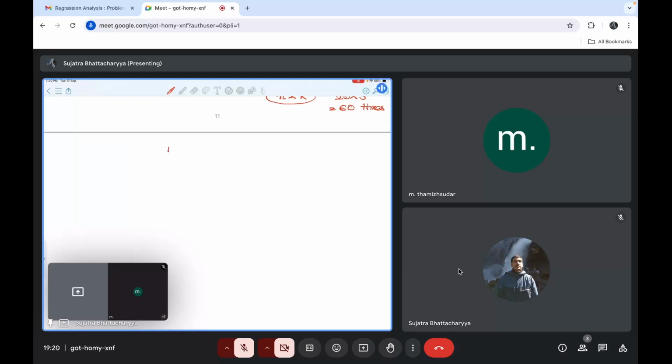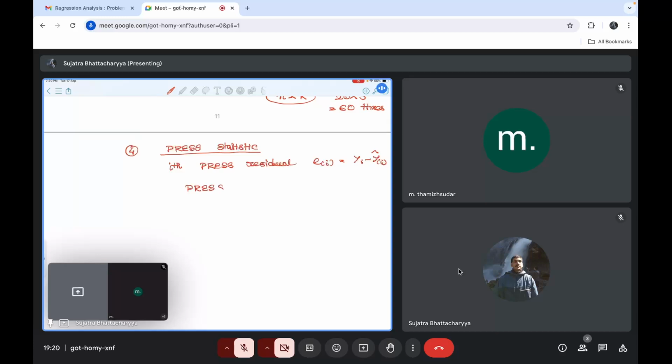So the fourth one is the PRESS statistic. The PRESS residual, we know, is e_i, which is y_i minus y_i hat.